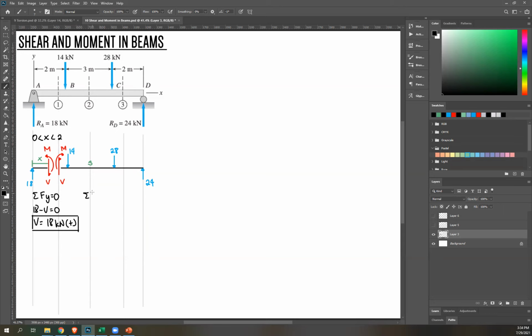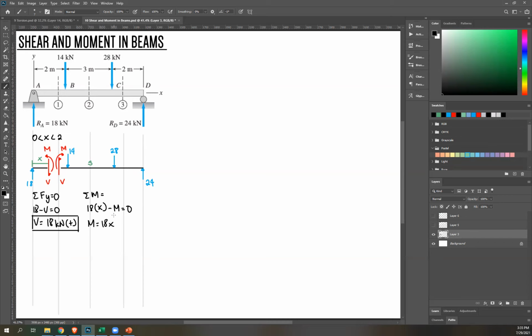And now let's do summation of moment equals 0, moment about where you cut. Rotate 18, that's clockwise, so 18 times distance x. And then this is counterclockwise, your moment, negative M equals 0.